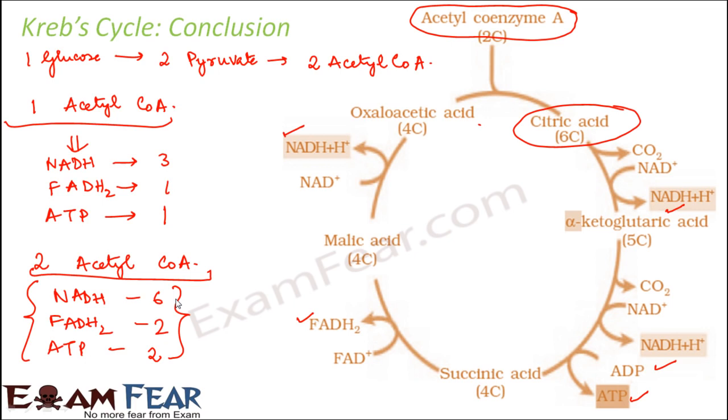Right? So now in the next step, what are we going to see? In the next step, we will actually see how these NADH and FADH2 molecules are utilized for ATP synthesis, because I am telling since long time that these energy rich molecules are important because they will produce ATP. So now we have to see how ATP is produced from NADH and FADH2, because as you see, almost 10 molecules of NADH and 2 molecules of FADH2 are produced till now.